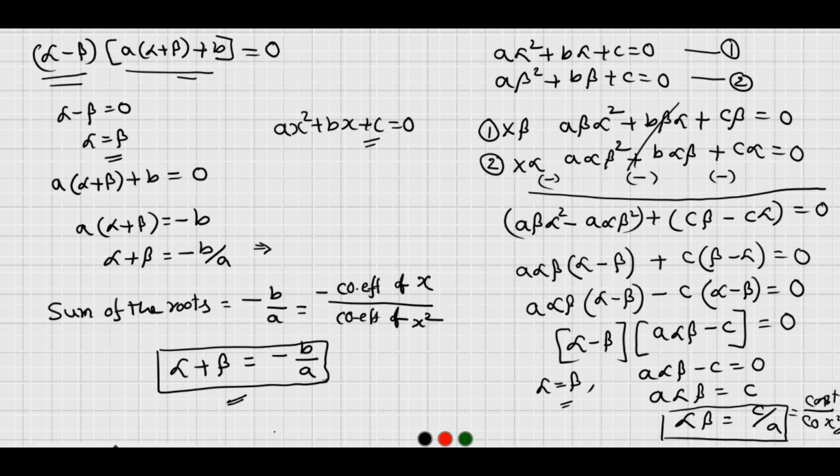So now we have two relations between the roots and the coefficients. Alpha plus beta is minus b by a, alpha into beta is c by a.